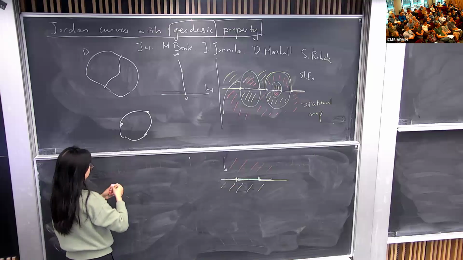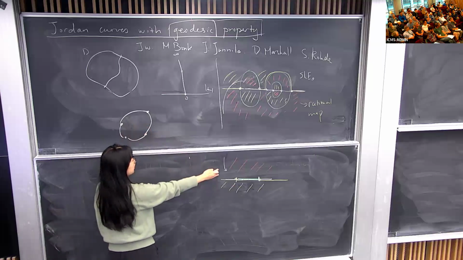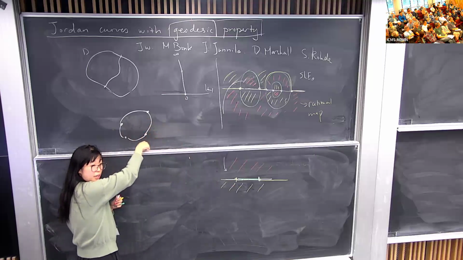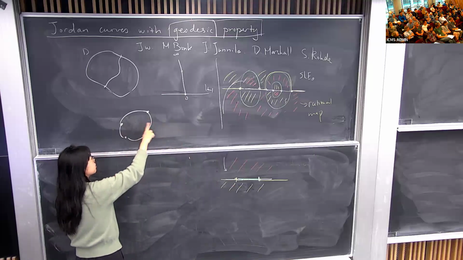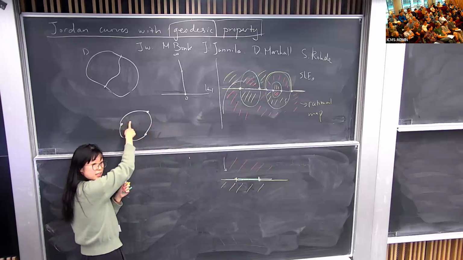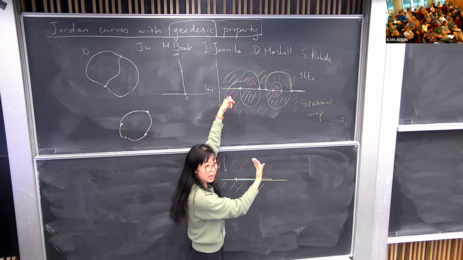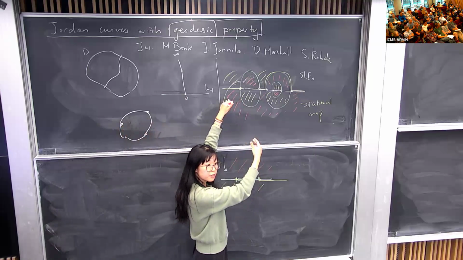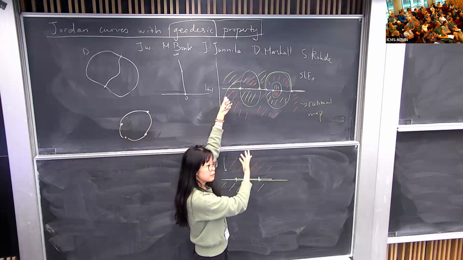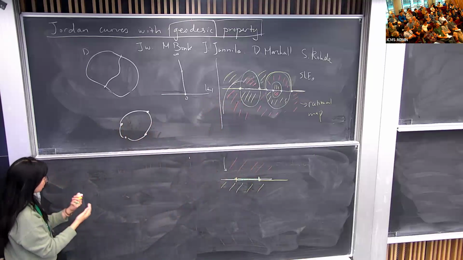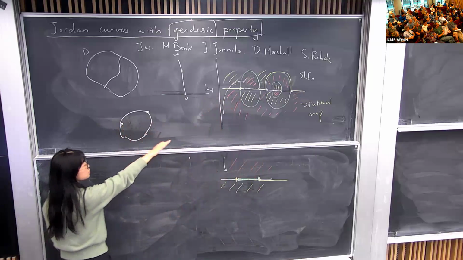Every time I have a face, I can map it to the upper half plane, and I can keep extending. The monodromy theorem guarantees me that if I extend it to the outside and come back here, I get the same map. Here it works for the rational function because we have this symmetry of the graph, and the Schwarz reflection somehow magically makes it work. So in a more general setup, it's not always related to a rational map.